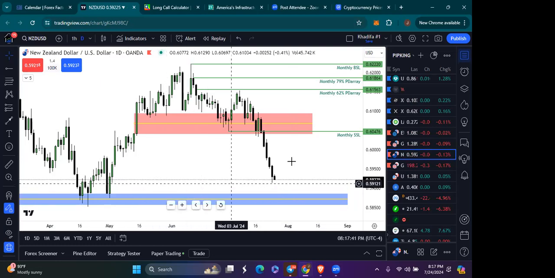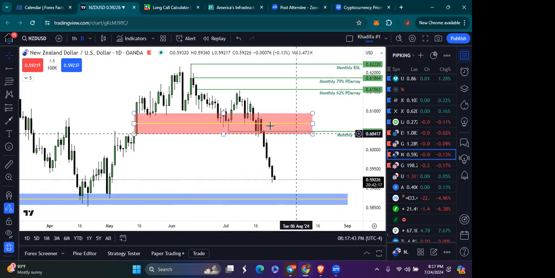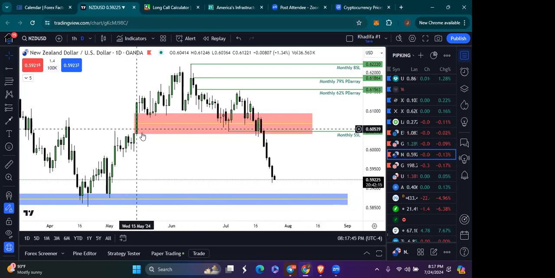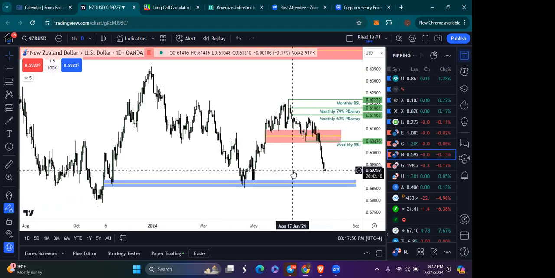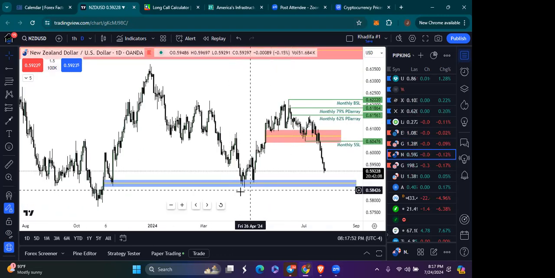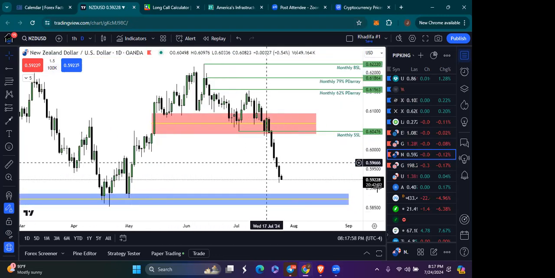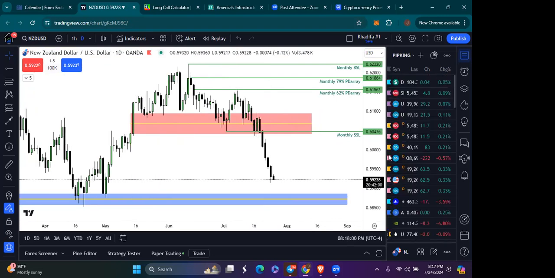Whether it respects it and swings back up to this fair value gap in this imbalance here, or whether we continue lower to run this swing low and drop down inside this daily fair value gap. All right, so we'll just pay attention to the markets throughout the rest of Asia and going into London.